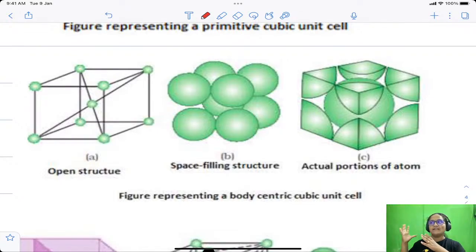Just like any object inside your room, not touching the walls or corners, it is only yours, and you are not going to share it with your neighbors. So the body centered atom is not shared with any other, therefore its contribution is just one. So this is the body centered cubic unit cell.